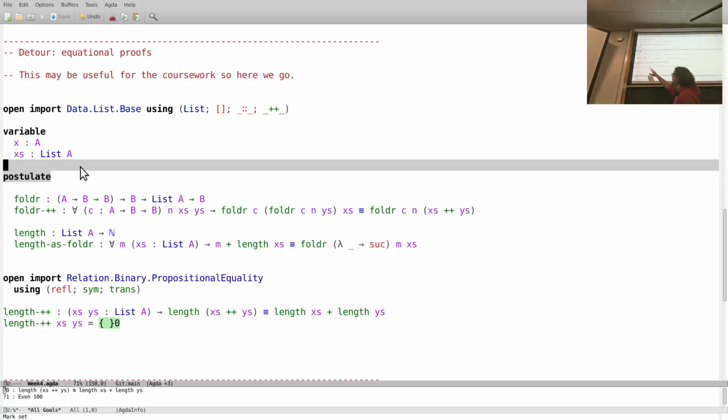So I've postulated a function length that, given a list, will give me its length, a natural number. And then I've postulated the fact that length is an instance of fold_r. So fold_r, if you remember from the Haskell course, will take a function and a base case, and it will apply the function to all of the values in the list in a sort of telescopic manner, and then ending up with the base case.